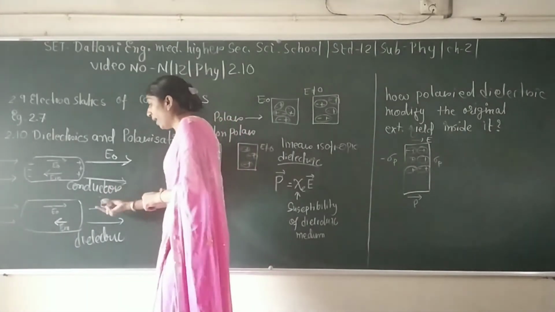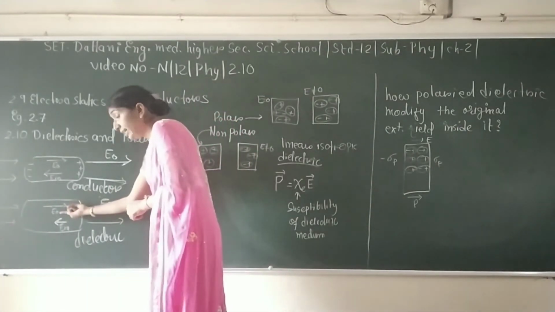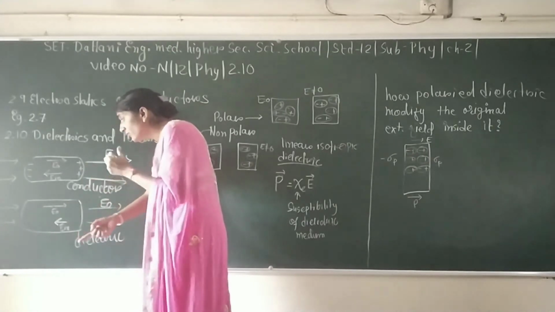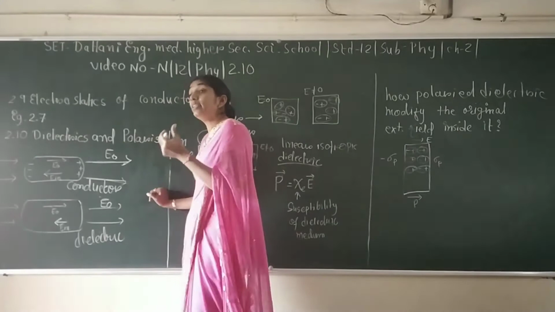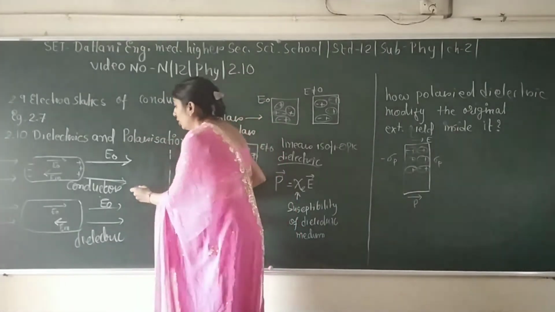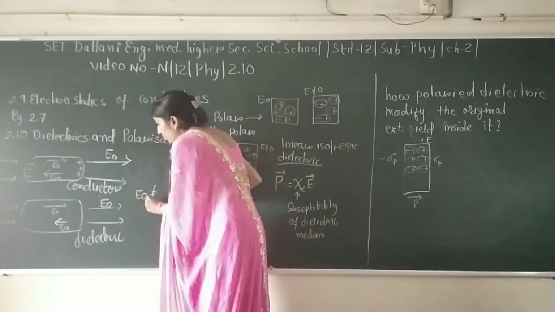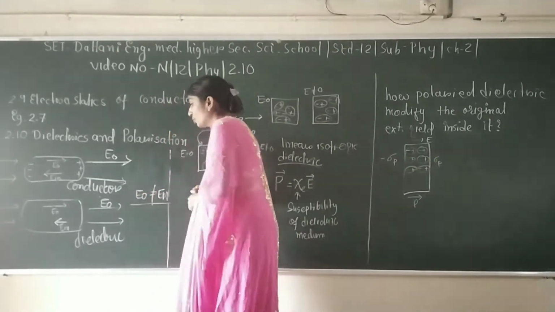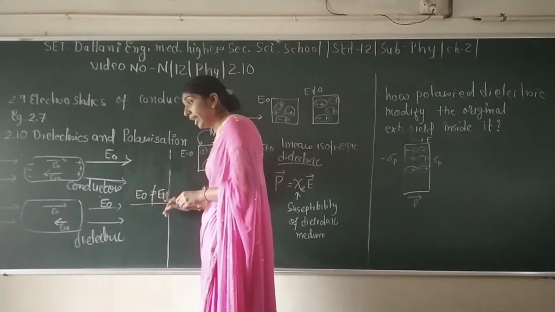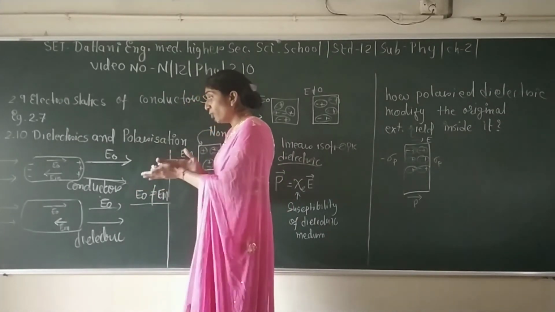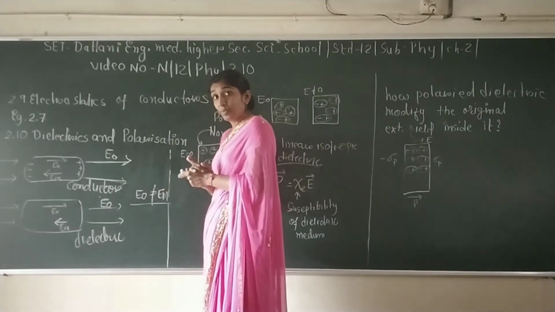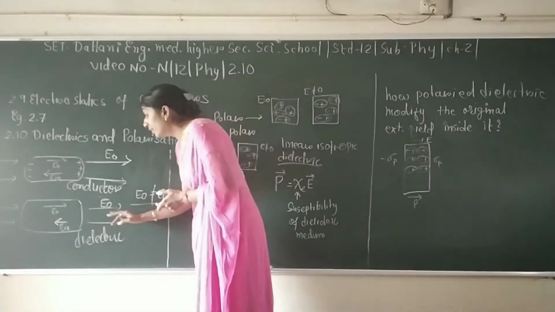By the presence of the external electric field, some little induced electric field is developed, which is not equal to the external electric field, and therefore there should be a certain electric field inside this dielectric.